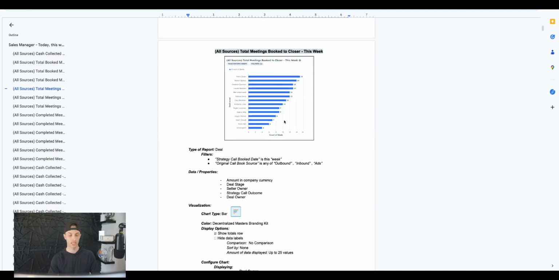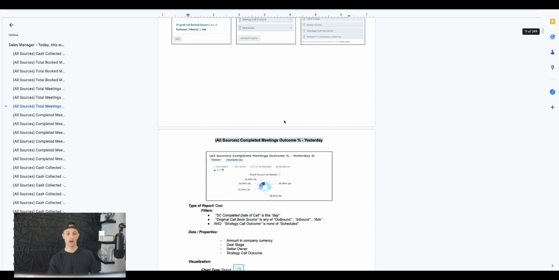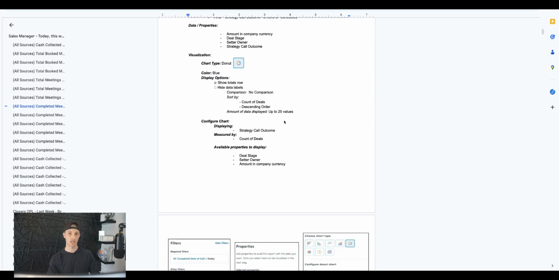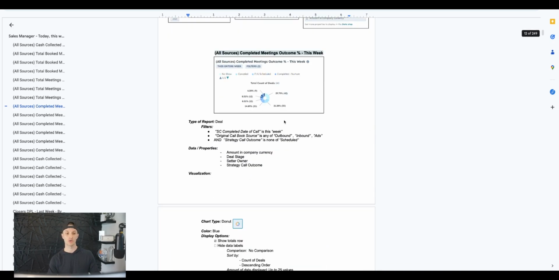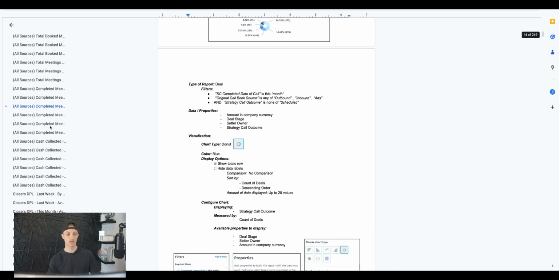Some of them are very easy, but it does require a lot of experience and understanding of how HubSpot works, how marketing works with sales, how sales works with the reports and the dashboards, and how to accurately filter what types of reports to use, etc.